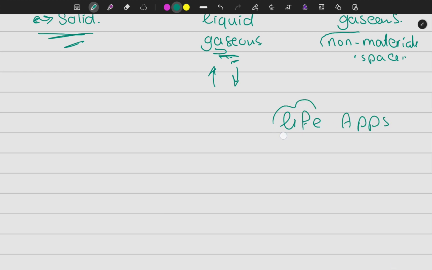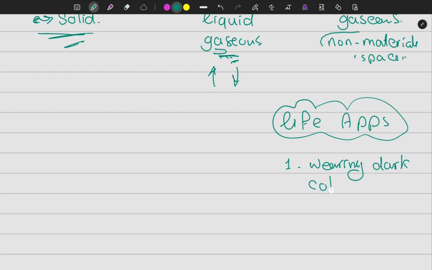Number one, for example, wearing dark clothes in winter. Why? Of course, you know this. We wear dark clothes in winter to absorb most of the heat of the sun rays. We know this exactly from Junior 5.